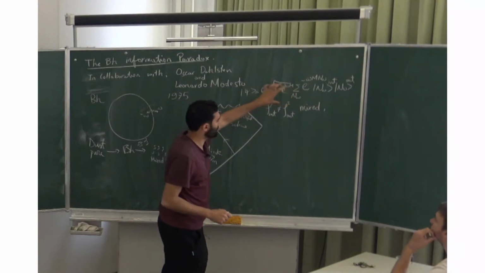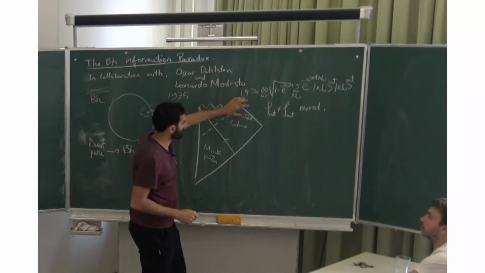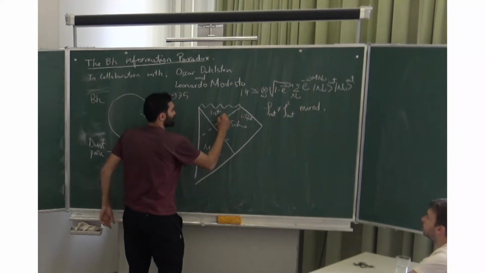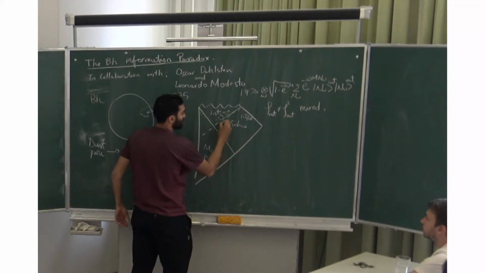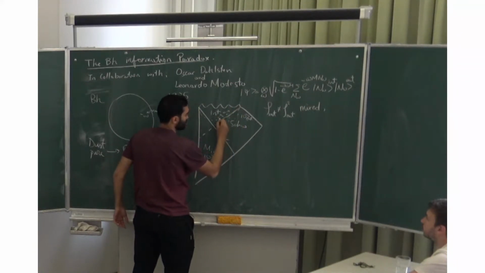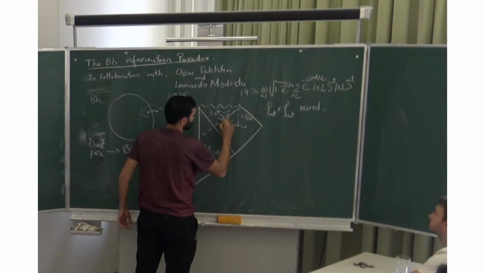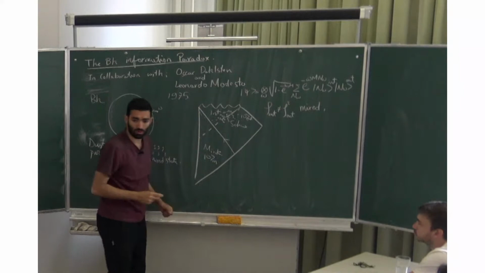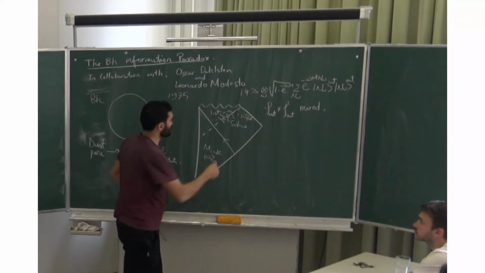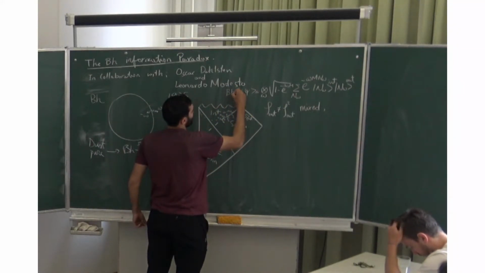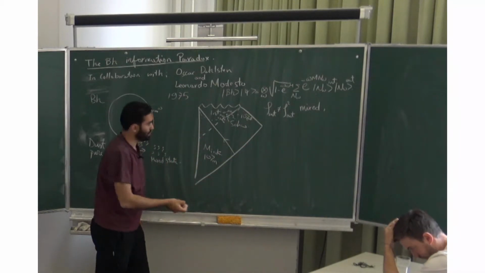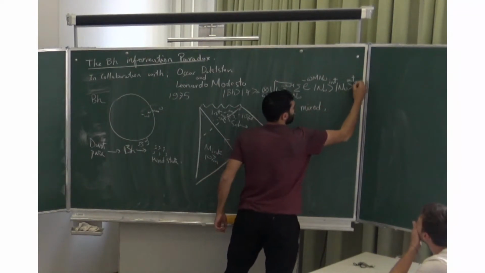So now, if you look at this state, it's a pure state. It has the interior modes, so there are particles here, and they have partners outside, and they are all entangled with each other, in pairs. And the whole state is pure. Also with the black hole state, if we write it somehow, then they will be together.